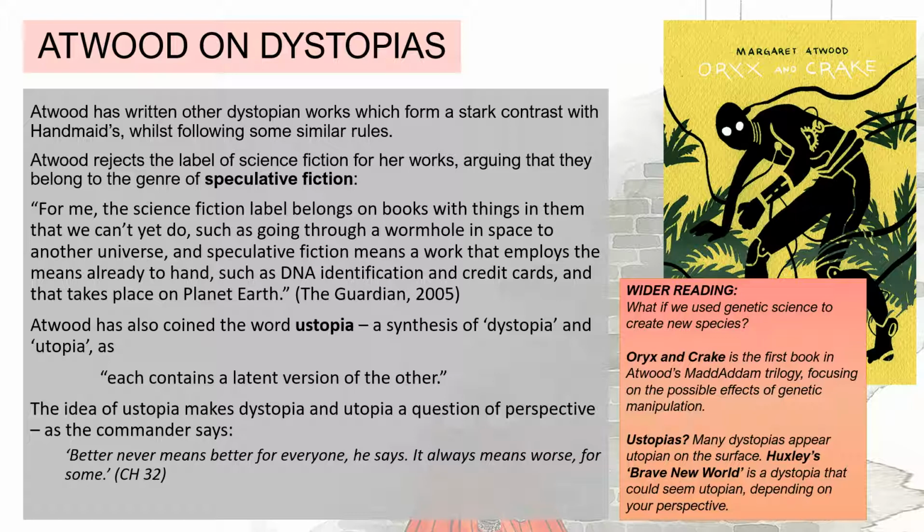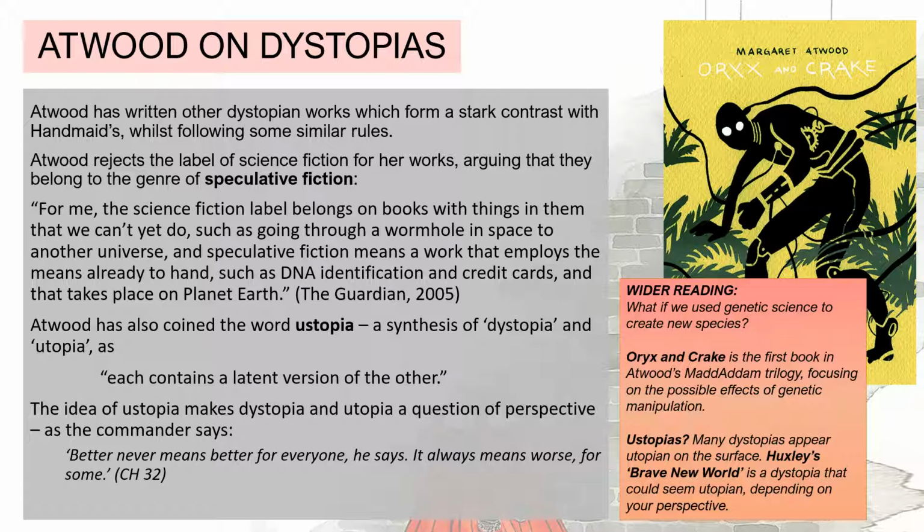And the commander himself, this is alluded to very strongly in Handmaids, this idea, where the commander says that better never means better for everyone. It always means worse for some. And we might suggest that if you were to rewrite the Handmaid's Tale as the commander's tale and rewrite it from his perspective, it might actually be a utopian novel and not a dystopian novel.